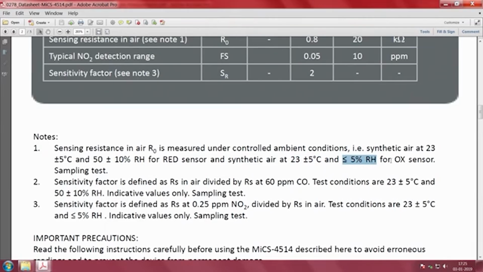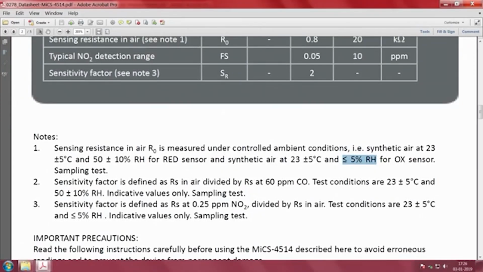You want to do NO2 measurement, do this, pass synthetic air. What is synthetic air? Just simple air of nitrogen and oxygen combined, 78 and 22, that is all. You mix both of them, put the humidity to 5%, and just send that air, then you get your R naught, that is what your baseline is.